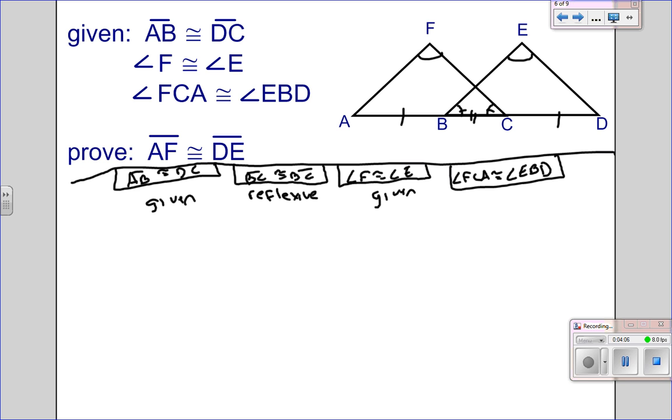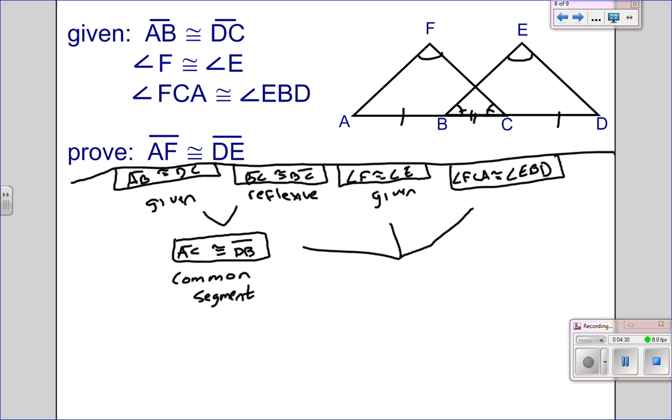If I join AB and BC together, I get AC. And so if we remember back to our first 6 weeks, we learned something called the common segment theorem. So I know that AC will be congruent to DB by common segment theorem. Because if you have two segments that are congruent and you add the same piece to both of them, they will still be congruent.